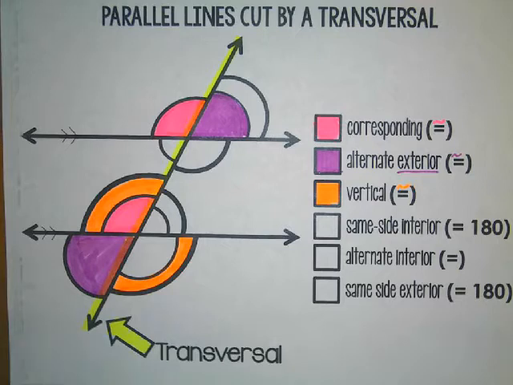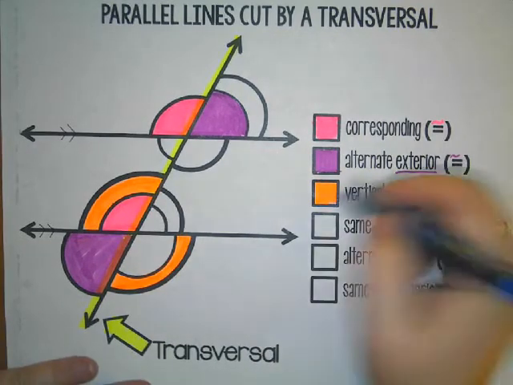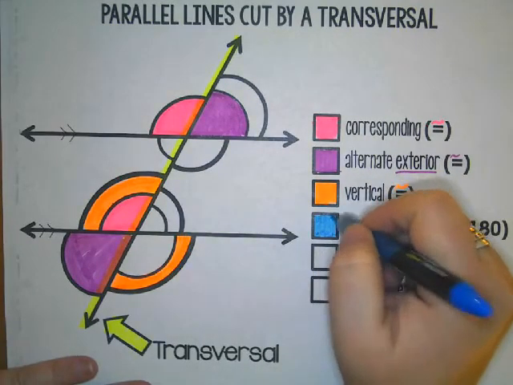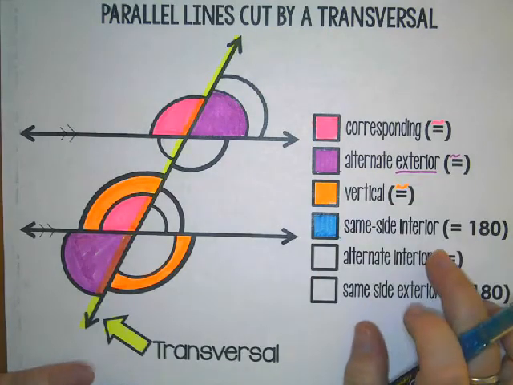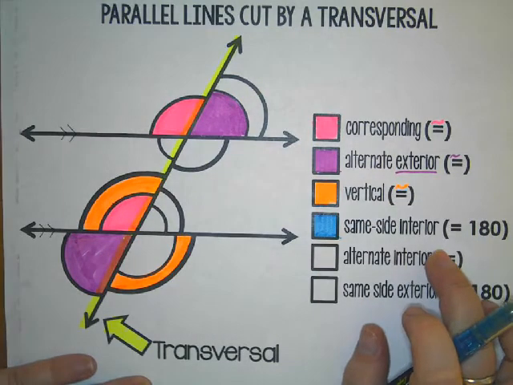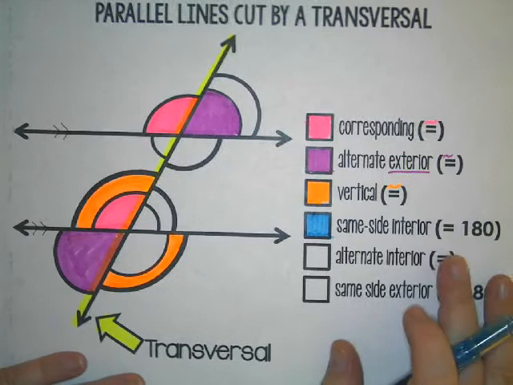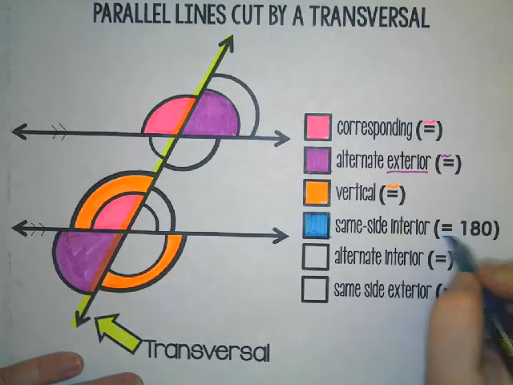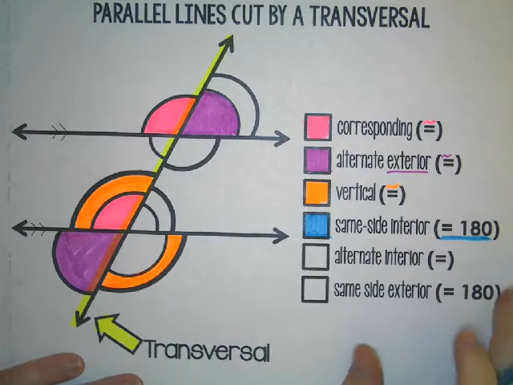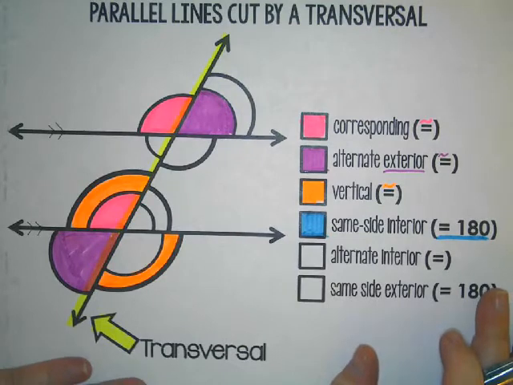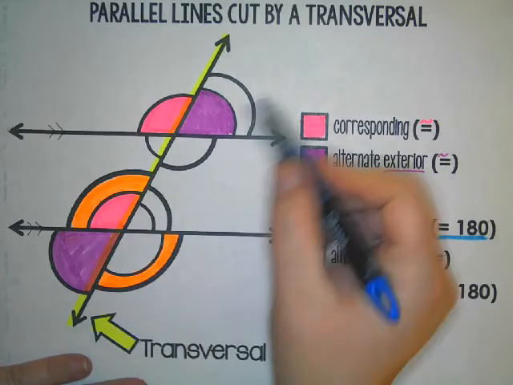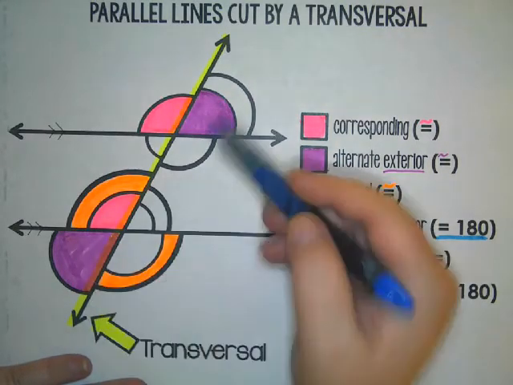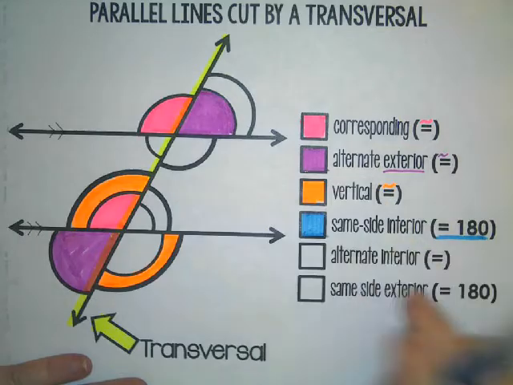All right, the next one we're going to look at is called same side interior. And same side interior are special because they create this supplementary. They are 180 degrees. They're equal to 180 degrees. So if I took a look at the same side, so they're not alternate, they're not opposite side, they're on the same side and they are inside the parallel.